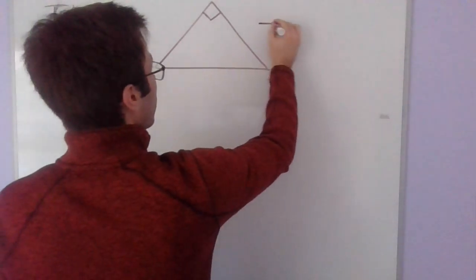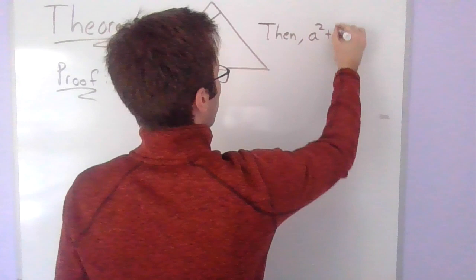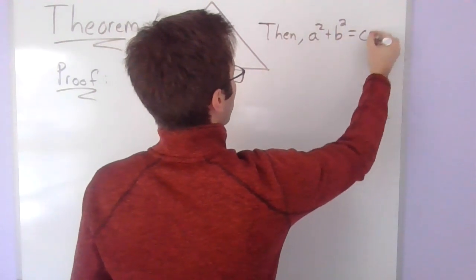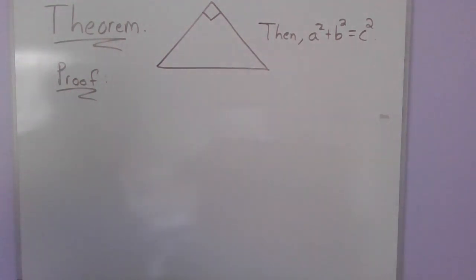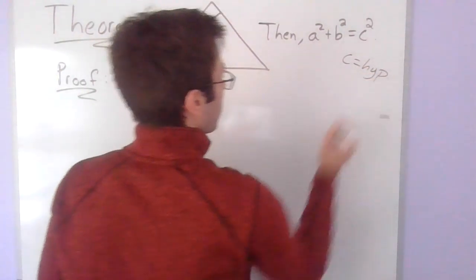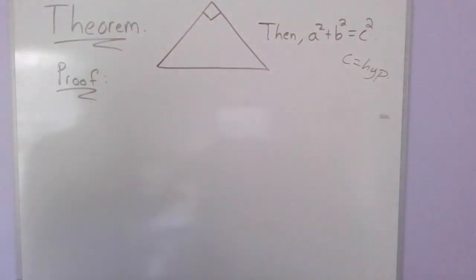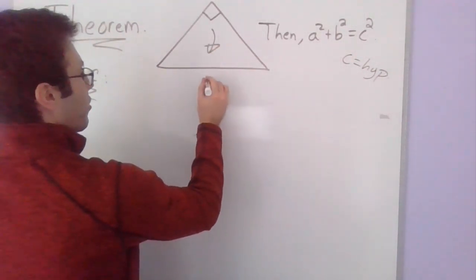Everyone knows that the theorem states that a squared plus b squared is equal to c squared. You have to know that. Again, c is said to be the hypotenuse. The hypotenuse is defined to be the side opposite the 90-degree angle.